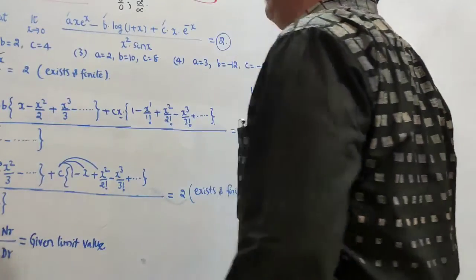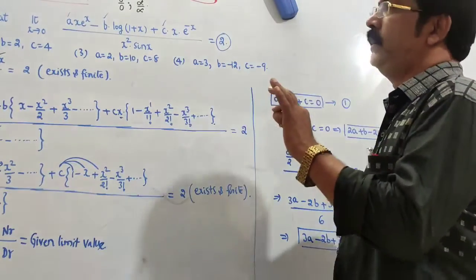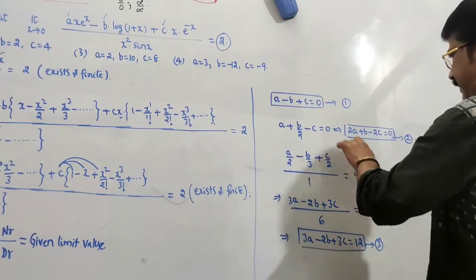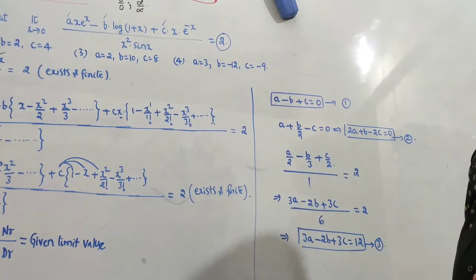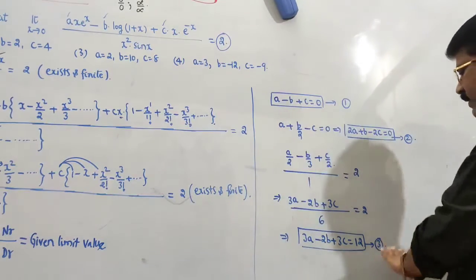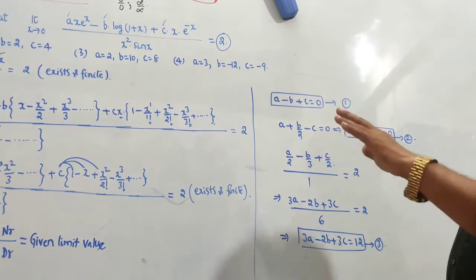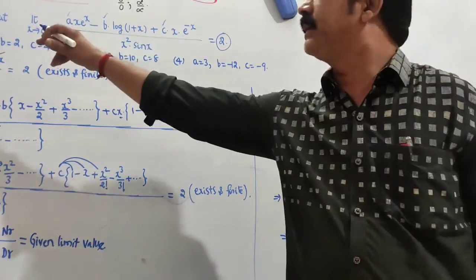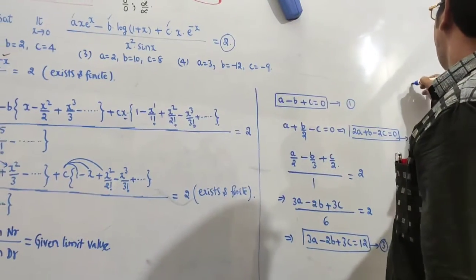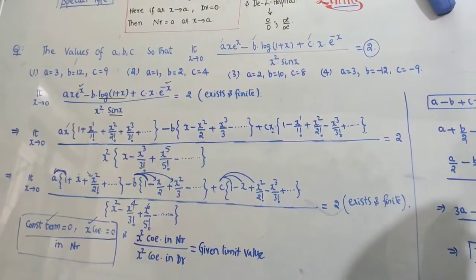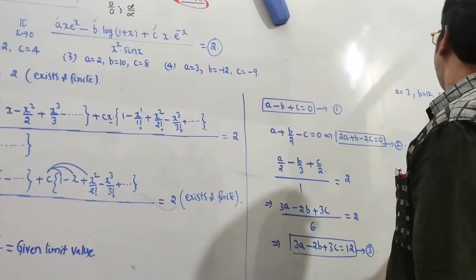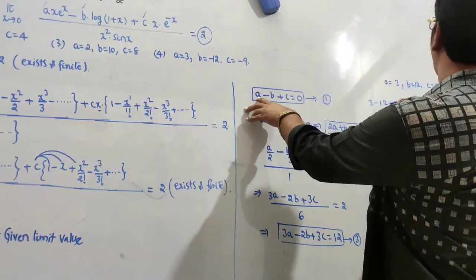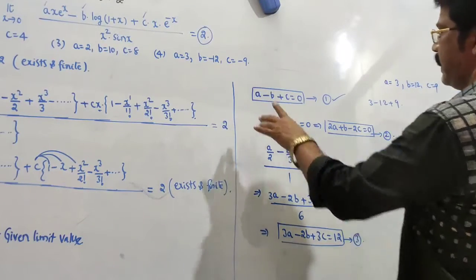So we don't know the 3 unknown values a, b, c, for which we have 3 simultaneous equations. We need not solve the 3 equations for a, b, c. It is enough to verify the options against the 3 equations. Let us verify the first option: a equal to 3, b equal to 12 and c equal to 9. So a minus b plus c is 3 minus 12 plus 9, equal to 0. This equation is verified.